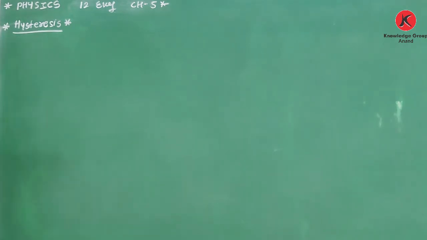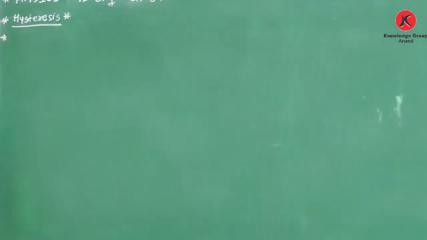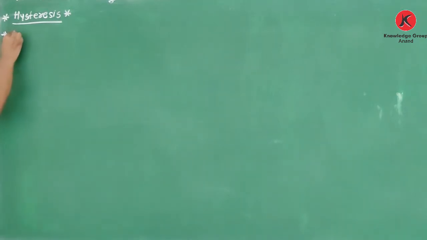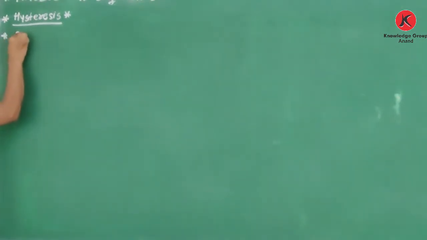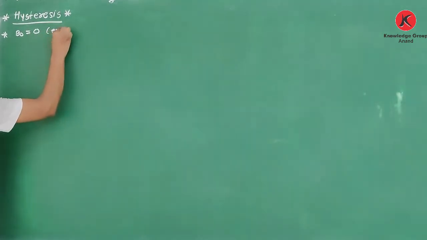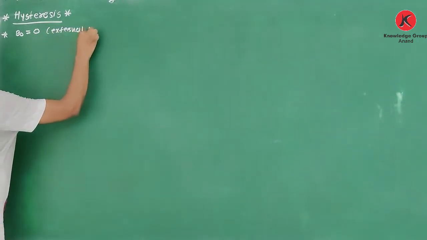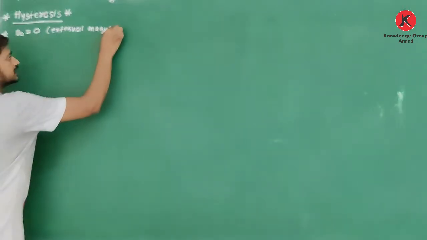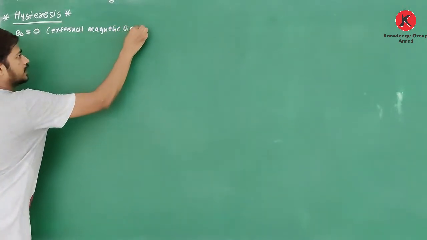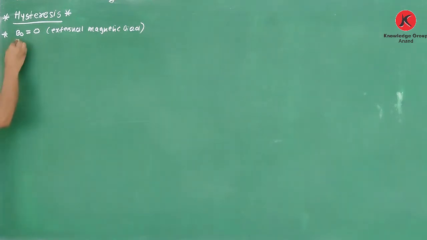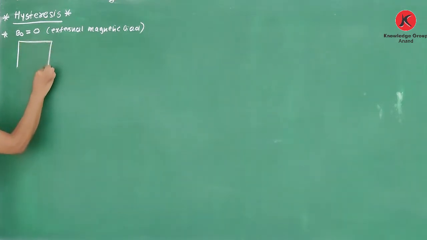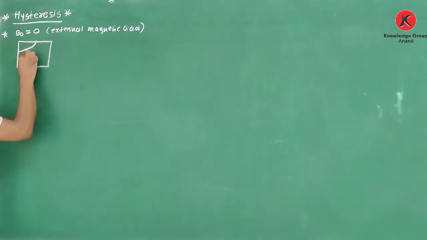See, understand here. If we have one ferromagnetic material in the absence of an external magnetic field, that is B0 is equal to 0. B0 is the external magnetic field. We know the configuration of ferromagnetic material. It is like this.